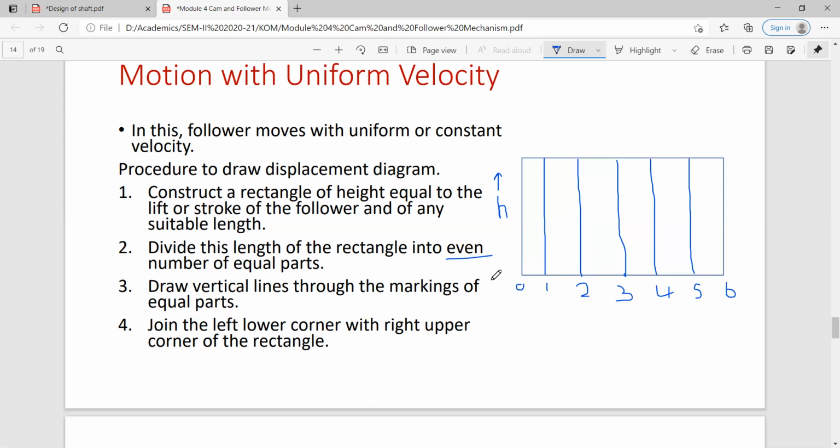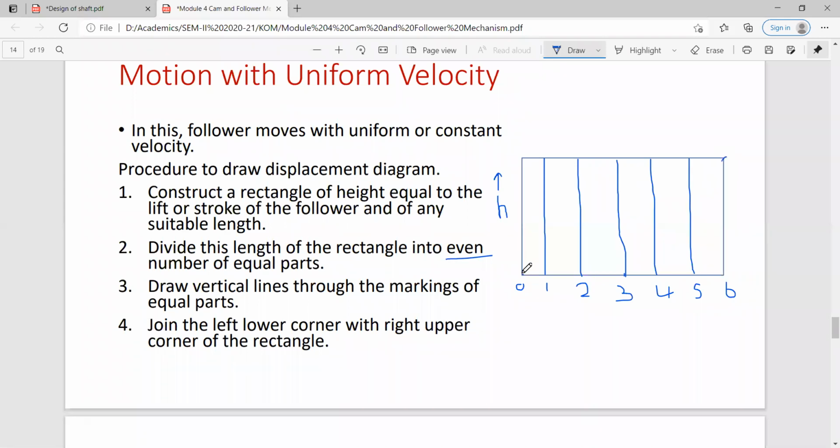Now next, draw the vertical lines. You have drawn these vertical lines. Join the left lower corner with the right upper corner of the rectangle. Left lower corner means here, and right upper corner means this point.